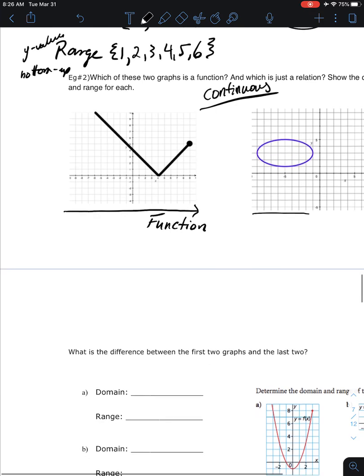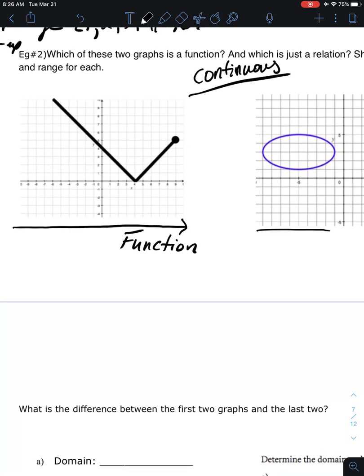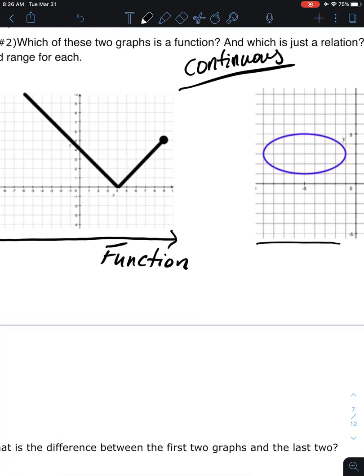Now, when it's continuous, what I want to be able to do here is identify for x, my domain, what is the lower limit of the graph and what is the upper limit. And by that, I'm really just saying where does the graph begin on the left and where does it end on the right.